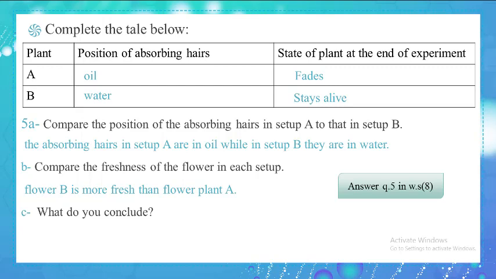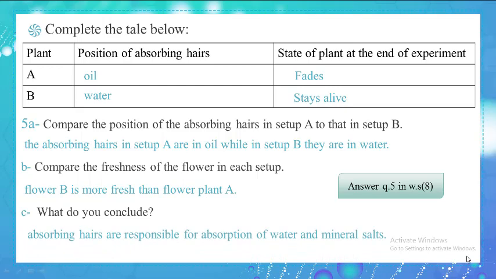When the absorbing hairs were present in the water. So in case B, the absorbing hairs were able to absorb water and mineral salts from the water, and thus the plant stays alive. So here we conclude absorbing hairs are responsible for the absorption of water and mineral salts.